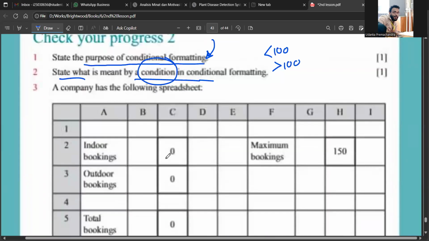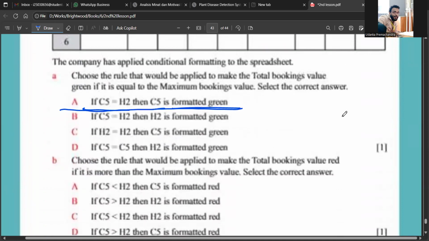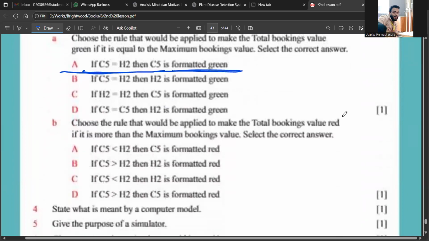The C5 is the considered value, total booking. The highest value is H2.